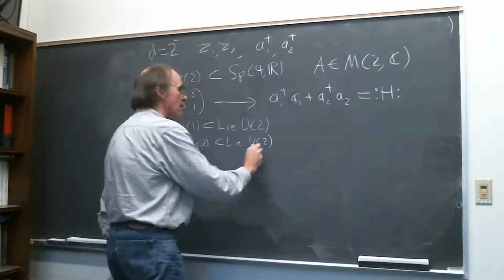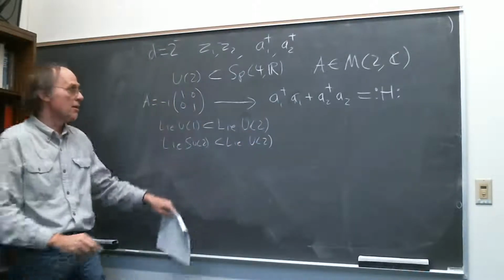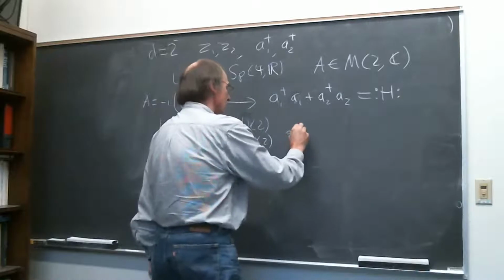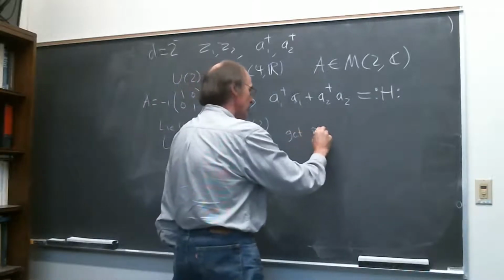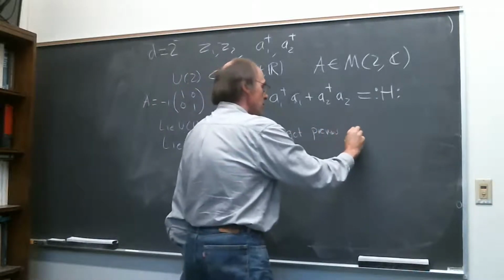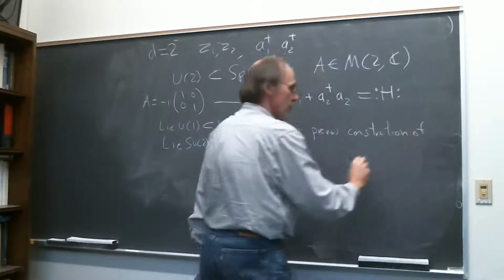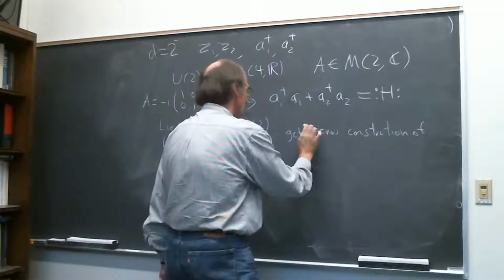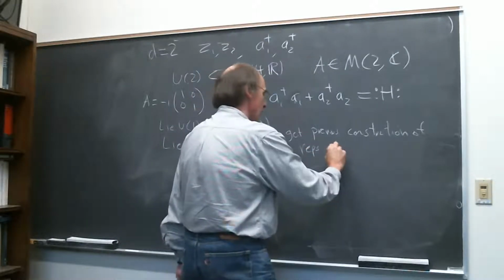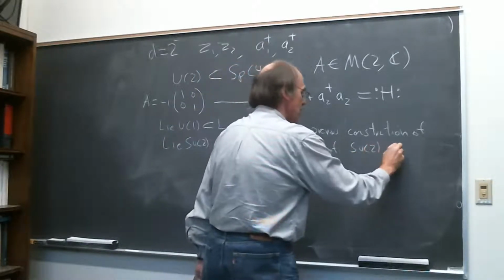So in U2, this construction gives you the previous construction of representations of SU2 as polynomials in Z1, Z2.